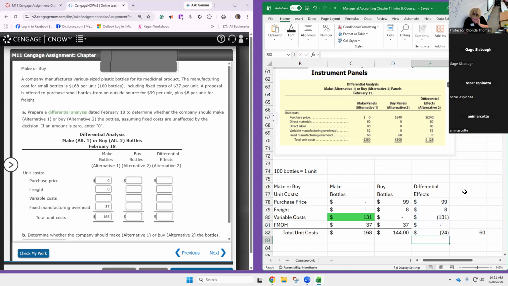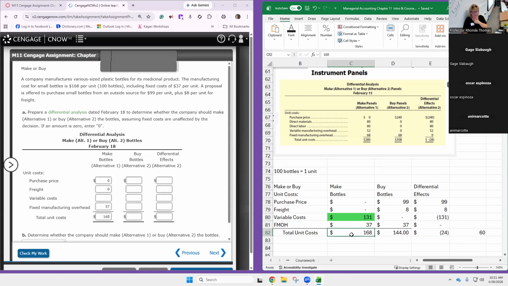If we have a negative number, and remember, these are costs, I could have put all these in as negatives, that might have helped.